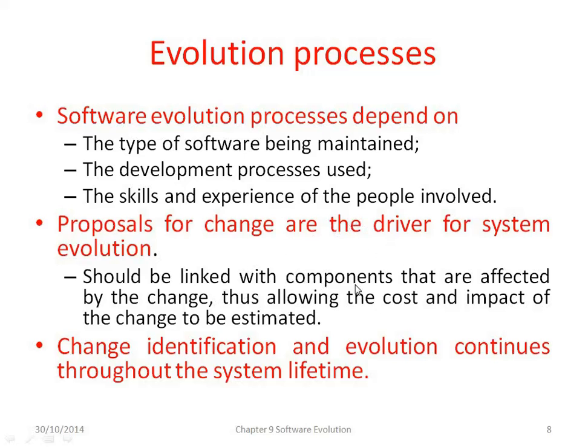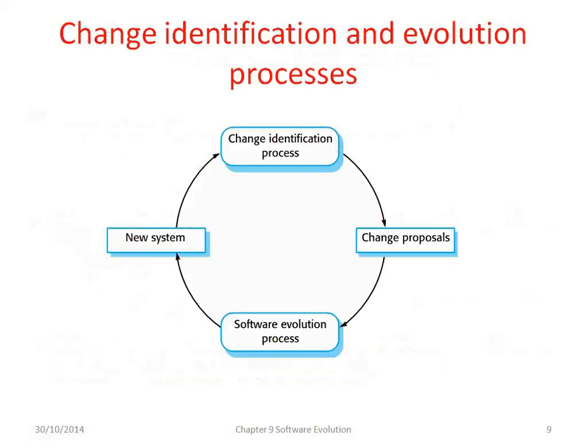They should be linked with the components that are affected by the change, thus allowing the cost and impact of the change to be estimated. Change identification and evolution continue throughout the system lifetime. Continuously, you identify what change is required and modify the system.